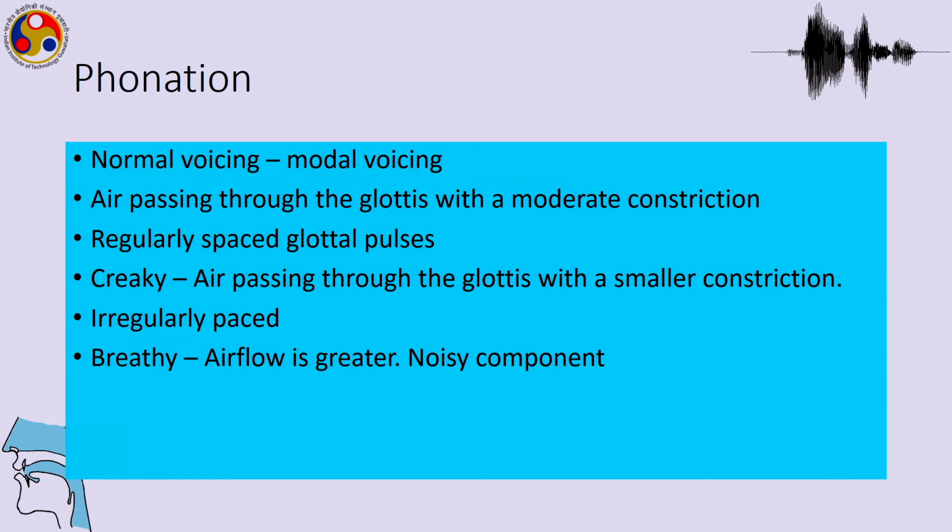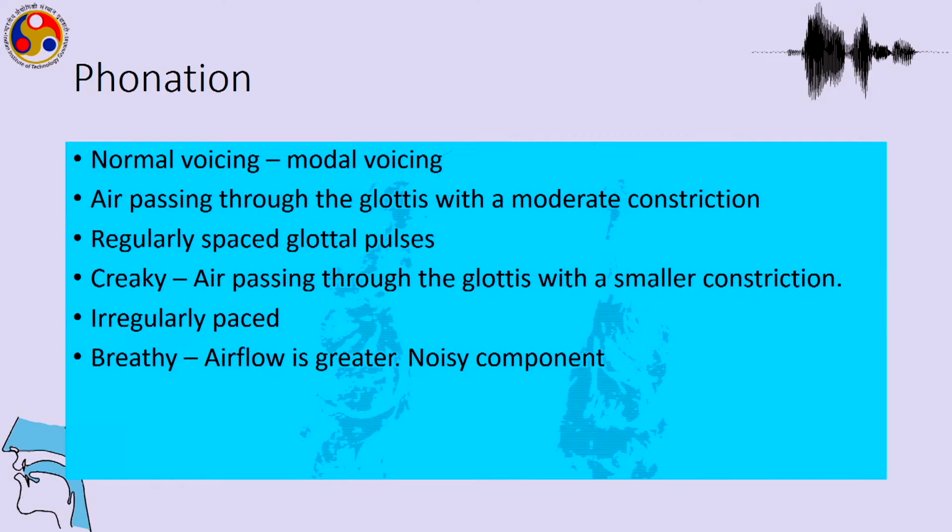When we talk about phonation, we have normal voicing, which is called modal voicing, in which air passes through the glottis with some moderate constriction and vocal cord vibration, of course, and regularly spaced normal vibration with glottal pulses. Unlike that, we can have creaky and breathy, which can also be called murmur. The creaky involves air passing through the glottis with a smaller constriction and irregularly paced glottal pulses.